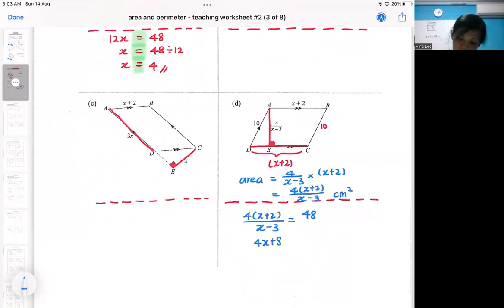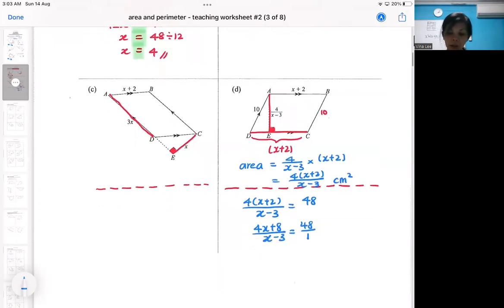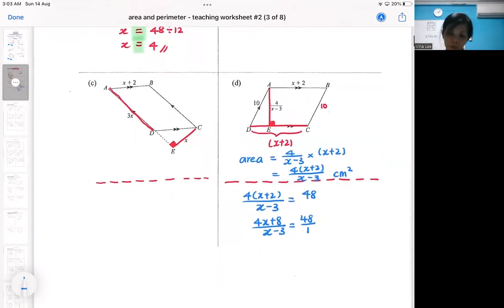And how are you going to carry on with this? You need to carry on with your cross multiplication. If by now you find your algebra is rusty or you cannot even cross multiply, please be down to earth. Go and practice.